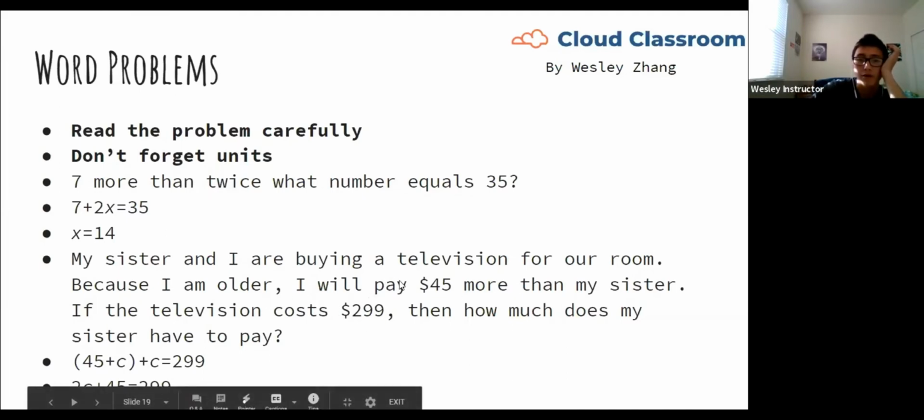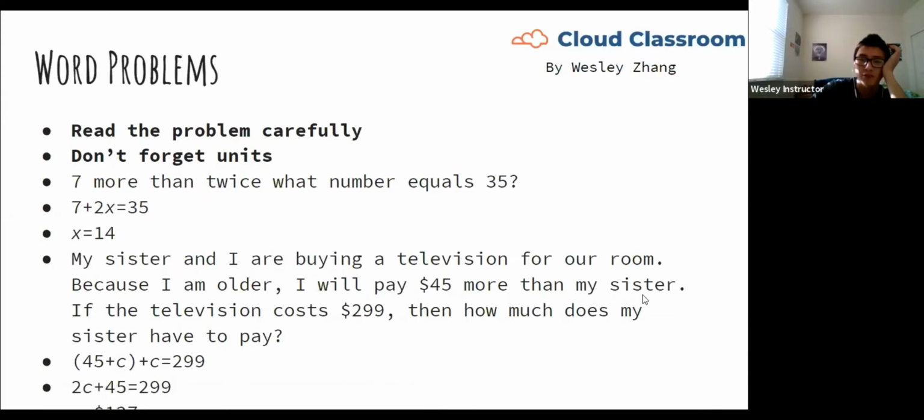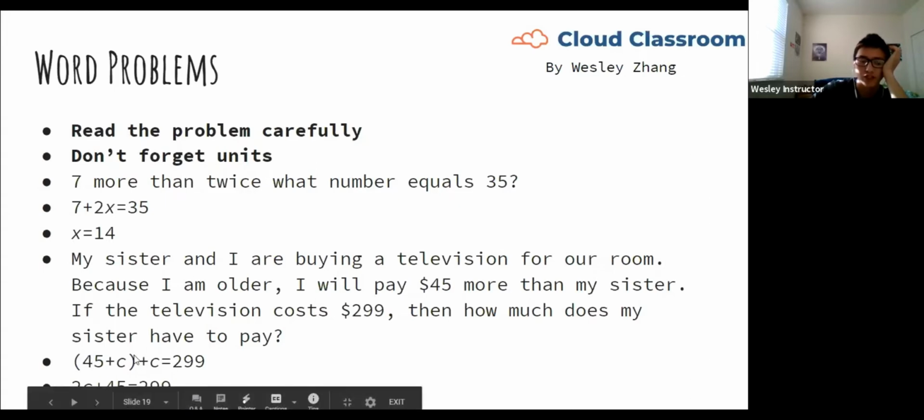So I will pay $45 more than my sister. Let's just say how much my sister needs to pay is a variable, which is C, because we don't know what she needs to pay. So I need to pay $45 more than that: 45 plus the variable C, as you can see here in parentheses. And my sister also has to pay, and that's represented by plus C. So 45 plus C is how much I need to pay, and C is how much my sister needs to pay.